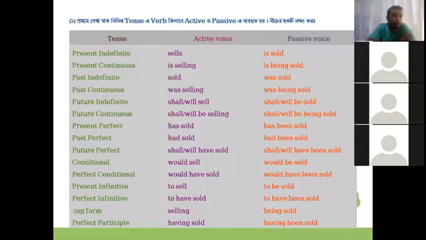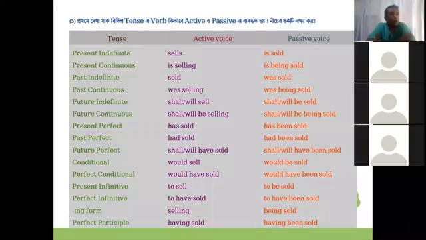Present infinitive, perfect infinitive, ing form, and perfect participle. All these are called non-finite verbs. We'll have a discussion on non-finite verbs in one of our future classes.